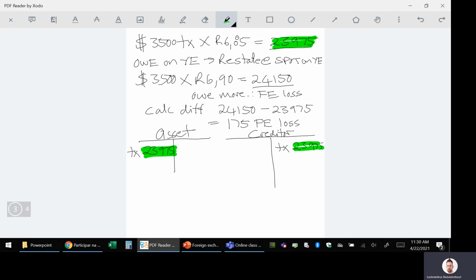All right, that's the transaction amount. There's no payment before year end.